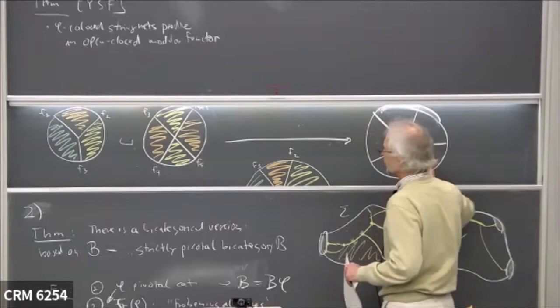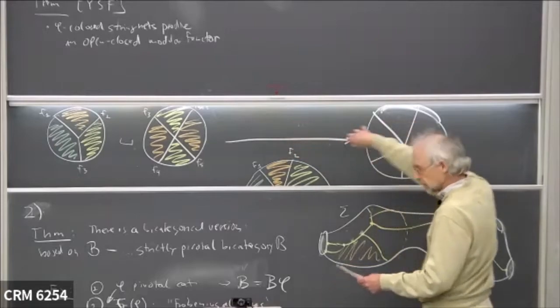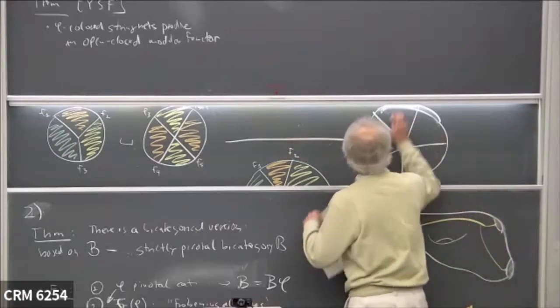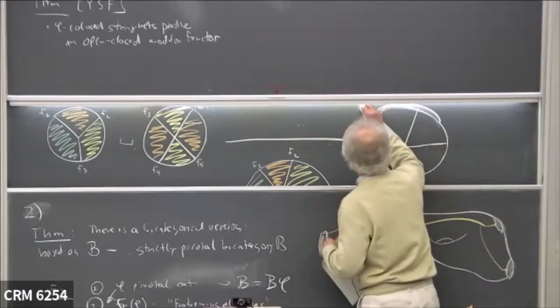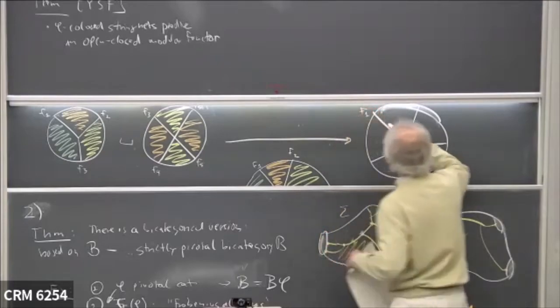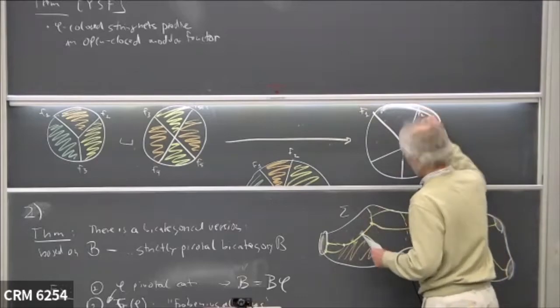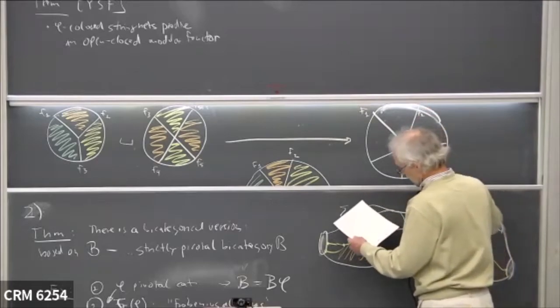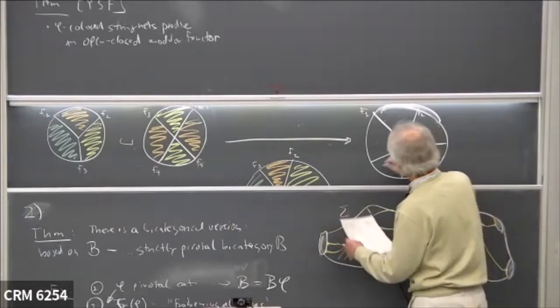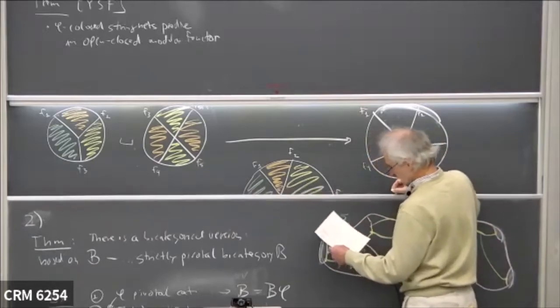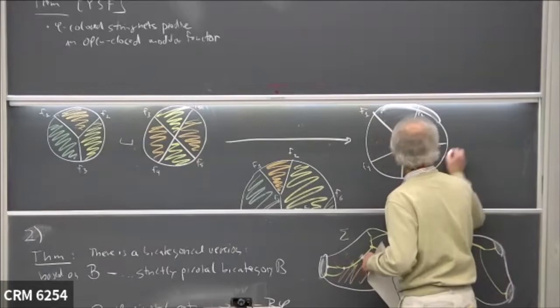The colorings here should fit. I don't draw them because you can figure that out yourself. The edges here should be F1, F2, F4, and here some new ones, say G and G.